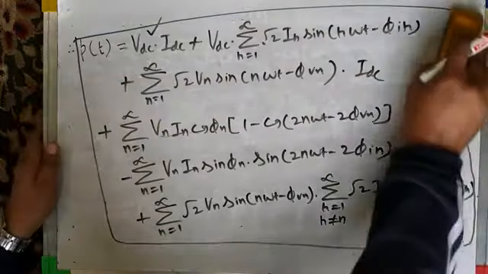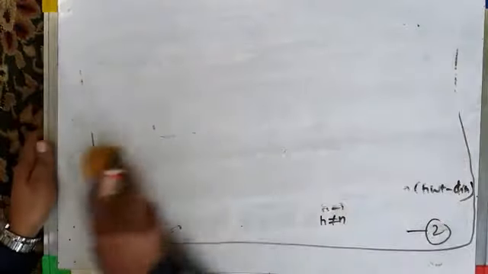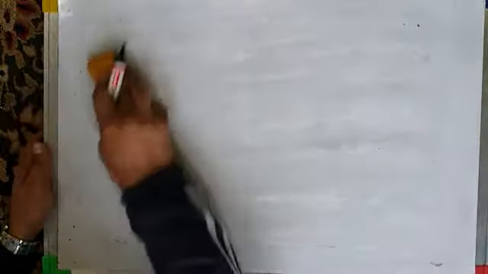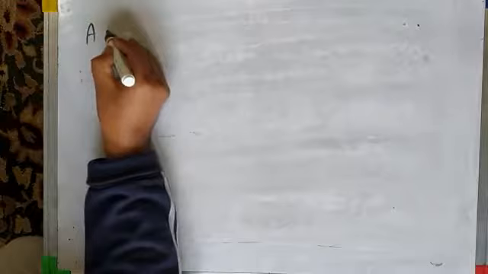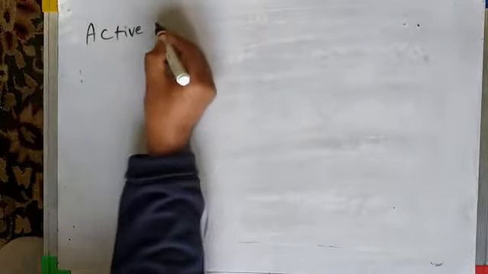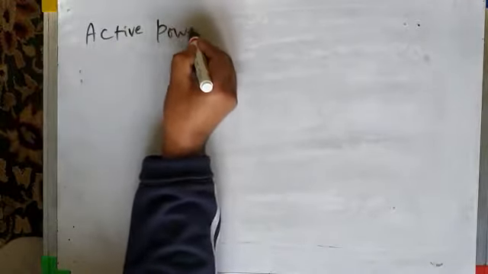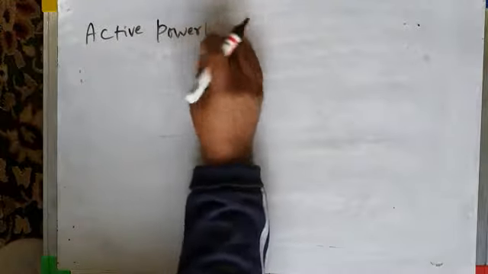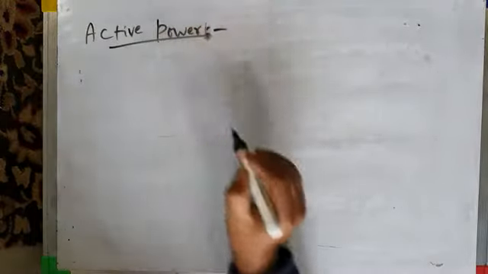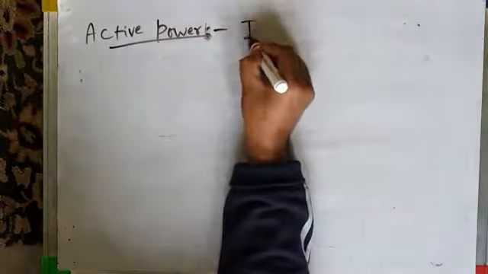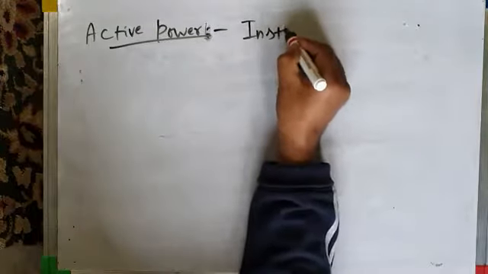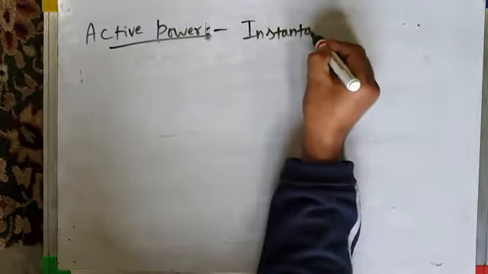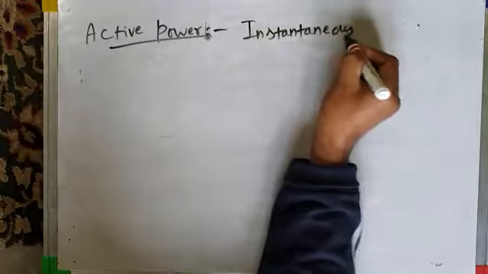Now let us go for deriving the mathematical expression for active power. So first of all, we will go for active power. And when I say active power, first of all, I will derive the mathematical expression for instantaneous active power.